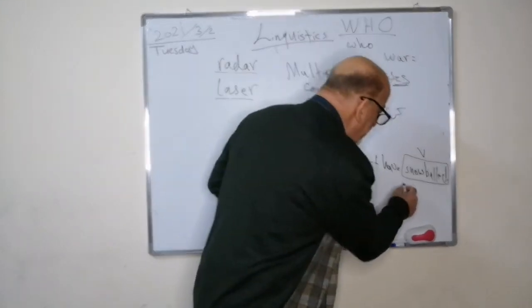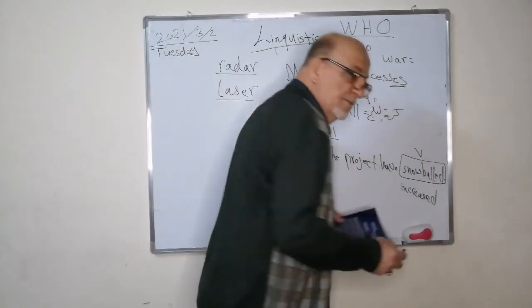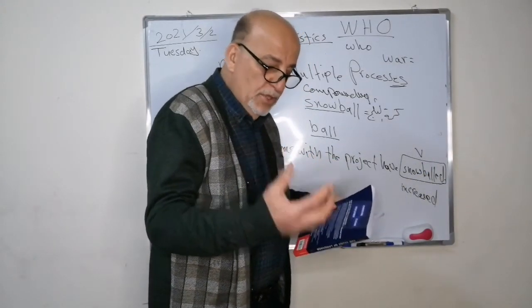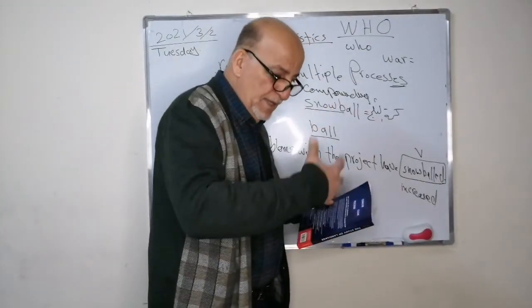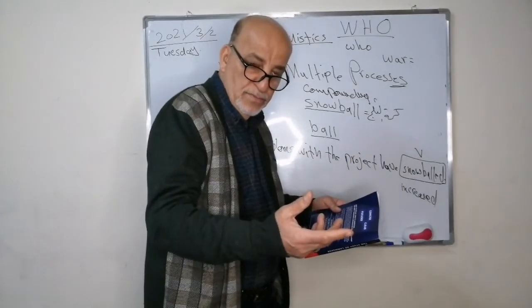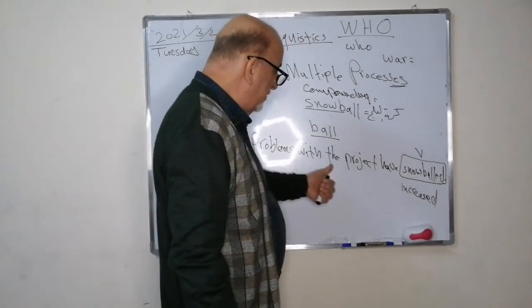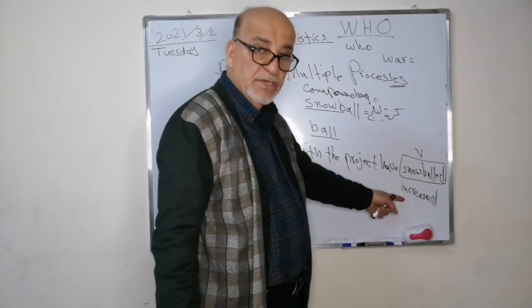Snowball here means increased. You know that a snowball, when you roll it on the snow, gets larger and larger. So when we say problems with the project have snowballed, it means the problems have increased.